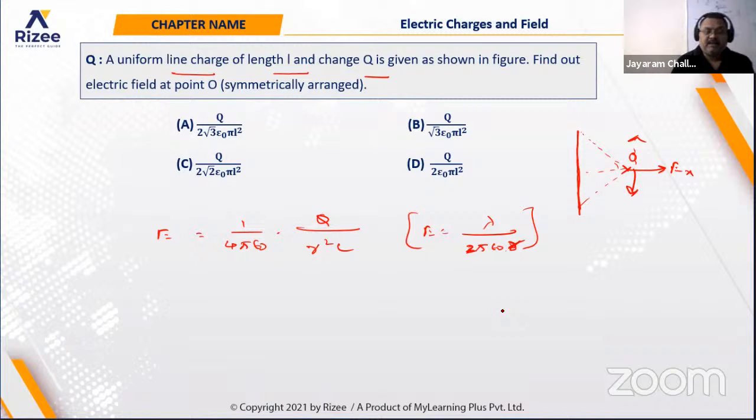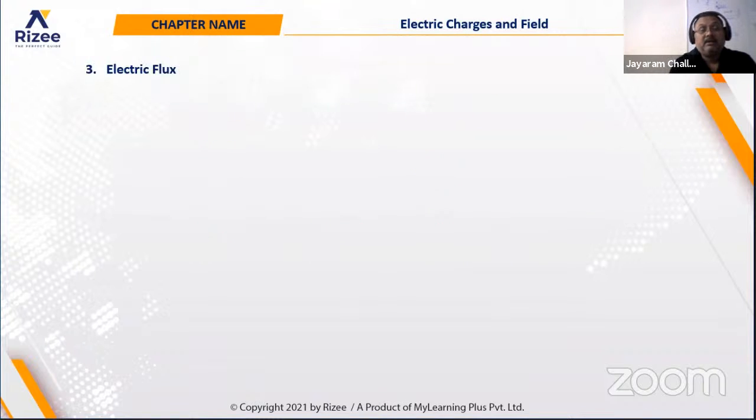This is what we were asked to calculate, so you need to substitute all the values. The figure is missing here; if the figure were there, you could do it comfortably. But for the line charge, the formula you have to use is E is equal to lambda by 2 pi epsilon naught r. Now coming to another important and interesting topic, called electric flux.